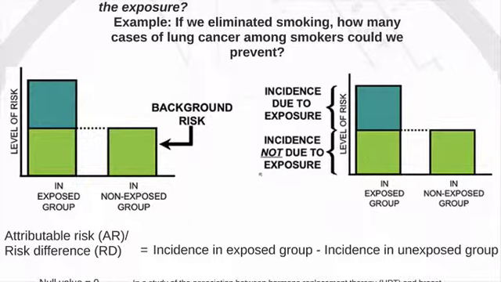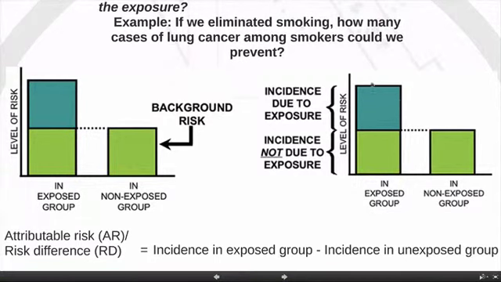And when we're calculating attributable risk, also known as a risk difference, you may see that some places, all we're doing, it's so simple, we are subtracting the incidence in our unexposed group from the incidence in our exposed group. And you're basically calculating that teal block, the number in that teal block, taking away this background risk number in the green block.